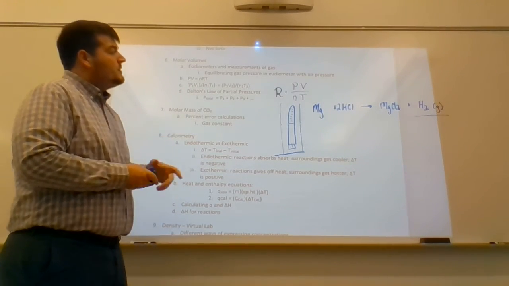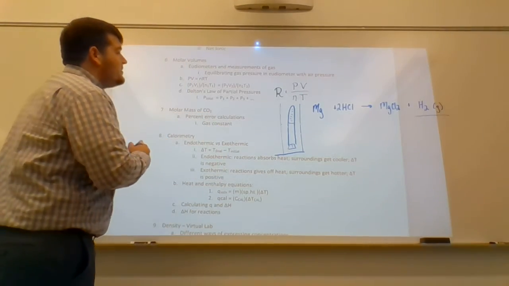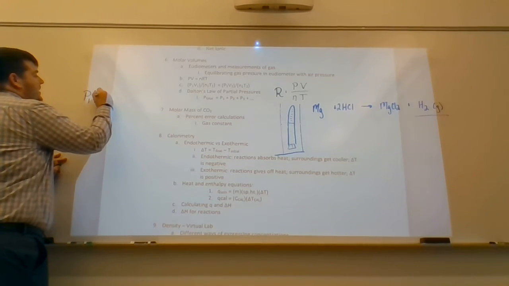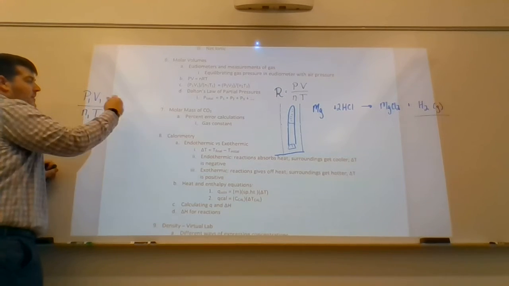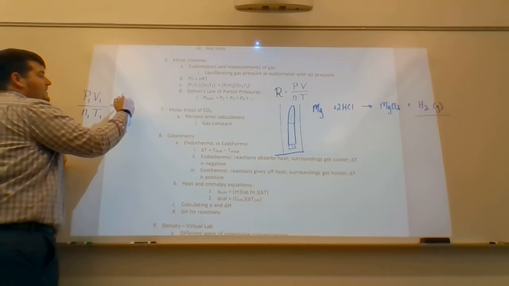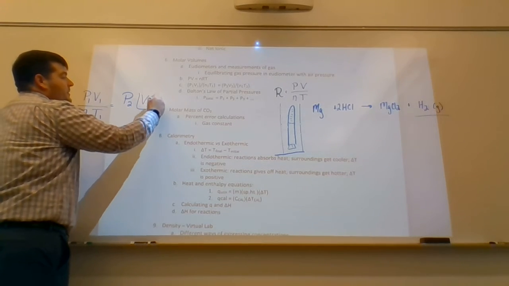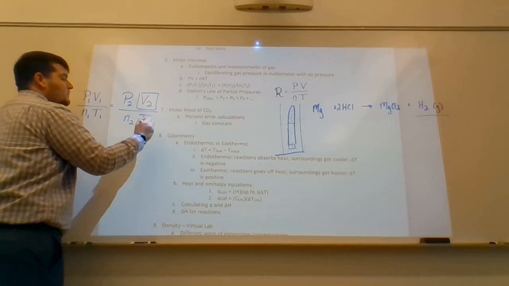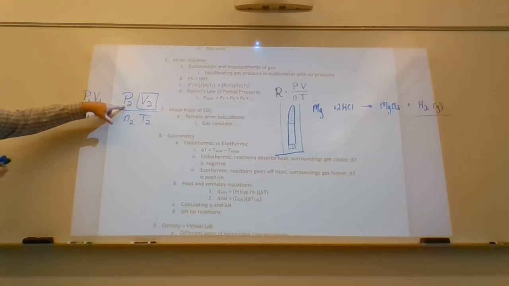So now we have all of these parameters which we just measured, and we use the combined gas law. So we have our P1, V1 over N1, T1, and we used our combined gas law to go to P2, V2, ultimately what we were trying to find, over N2, T2. Okay? What value should we put in for P2?